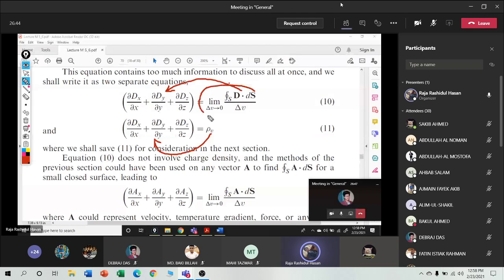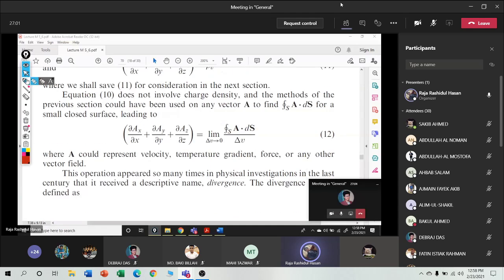ওকে, তাহলে এই যে পোরশন, limit of closed integration of D dot dS divided by delta V, this portion কে আমরা বলতে পারি ডাইভারজেন্স, divergence of D. This is actually the common format of divergence: limit delta V to 0 of A dot dS divided by delta V, where A is a vector.